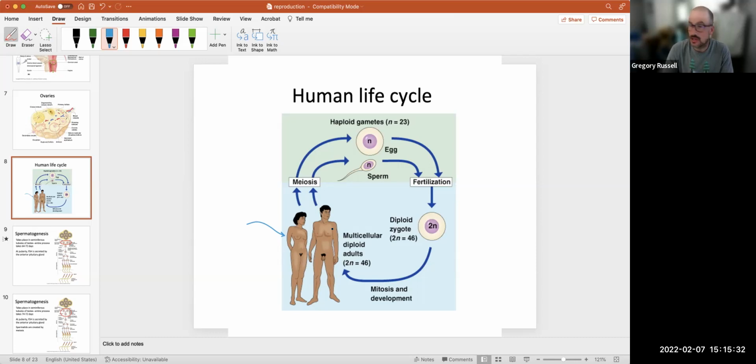Okay. Regardless of that, we are in this phase of our life cycle called the diploid phase. What does it mean to be in the diploid phase? Well, all we're referring to there is how many sets of DNA you have. Okay, and you're probably aware that you have half of your mom's DNA, you have half of your dad's DNA. Right?